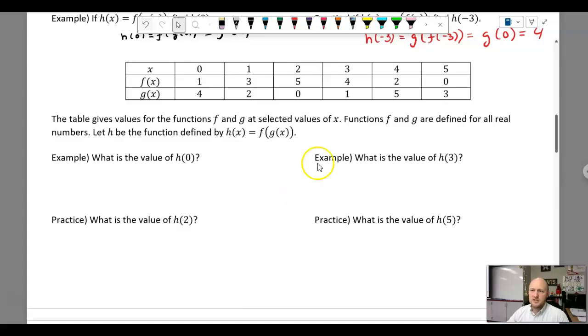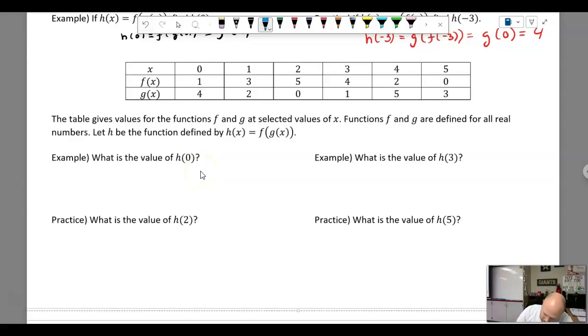Let's see the same type of question, except this time we have a table of values. Notice this tabular representation involves both functions, f and g. You have input values of x, this is where you always start, and then here are the output values for these two functions, the y values for f and the y values for g. They say let h be the function defined by h of x equals f of g of x. What is h of 0?